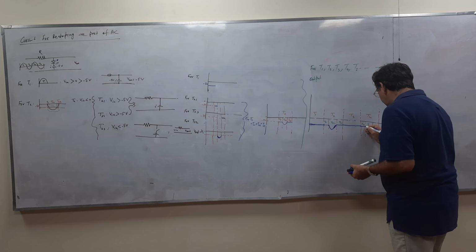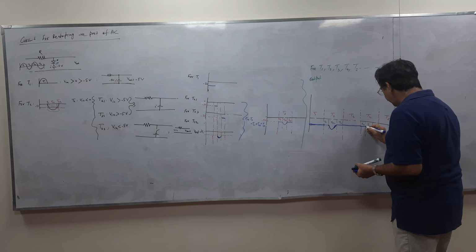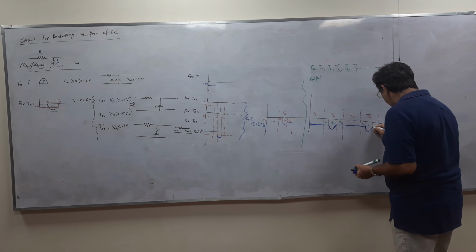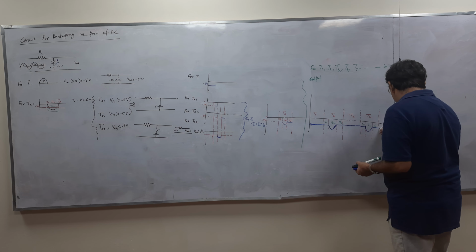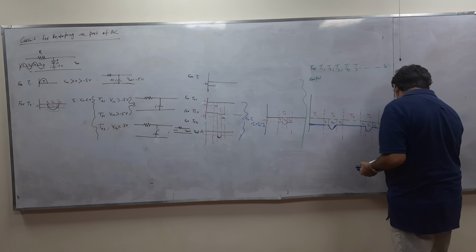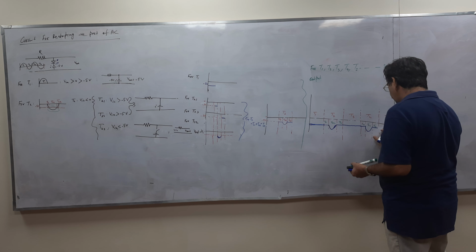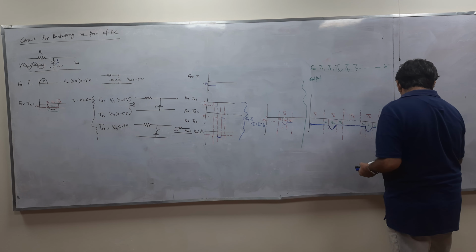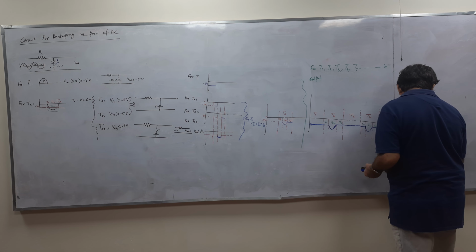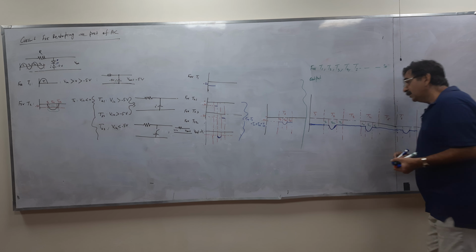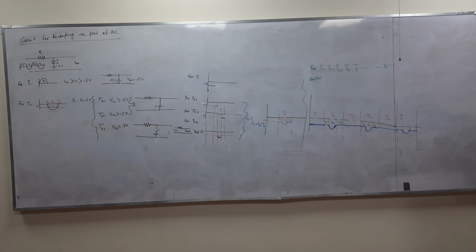For T41, it will also be a constant. For T42 this will again be this and this. For T5, this will also be constant. T61, sorry, remains constant, and then T62 will be equal to this and this. So this will be like an output curve.